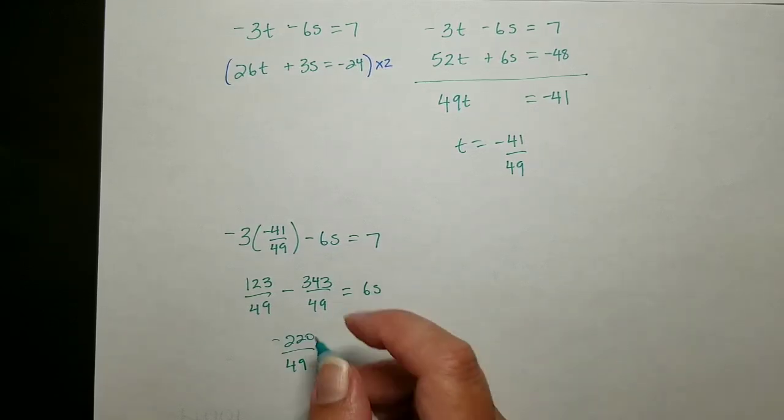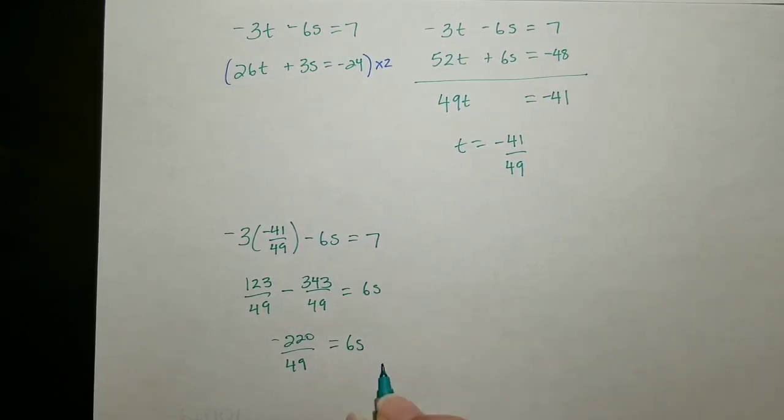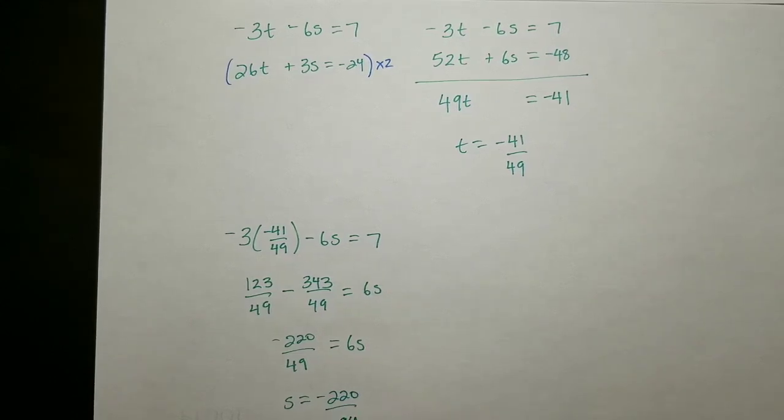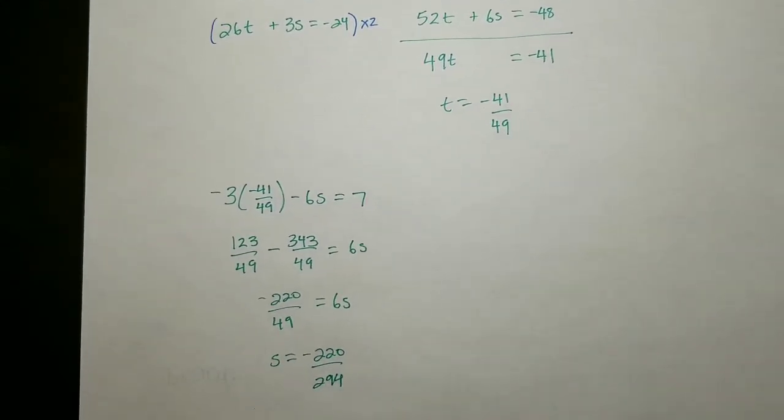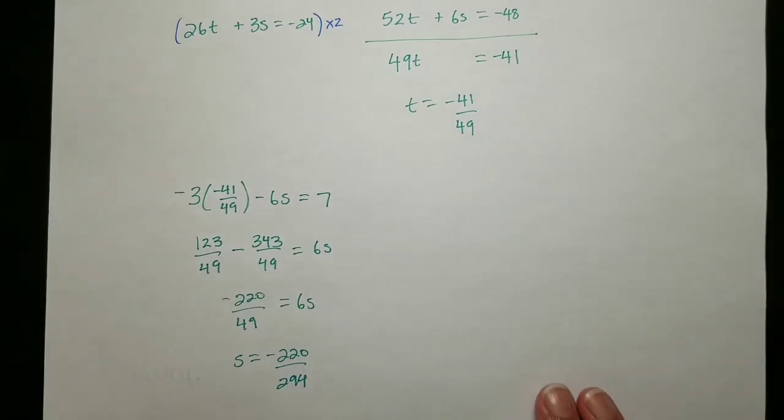And I'm going to divide that by 6, and get negative 220 over 294. So this is a super messy situation. But if I haven't made a mistake, it is pretty messy, and it is really actually unusual for it to be not messy.